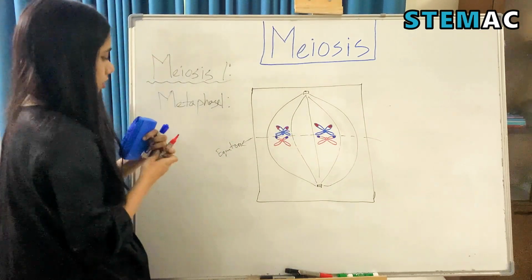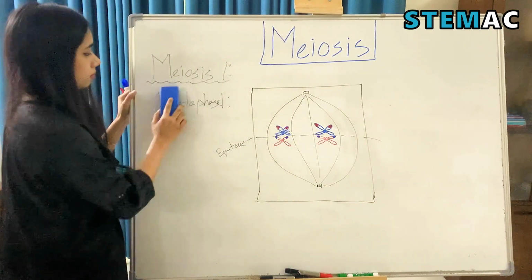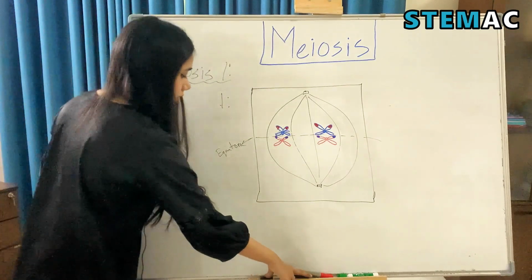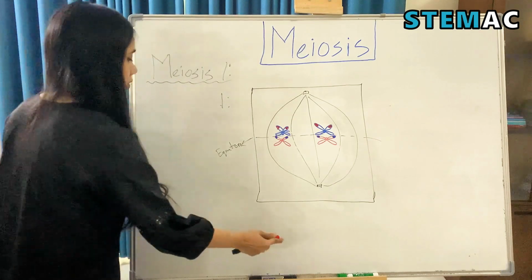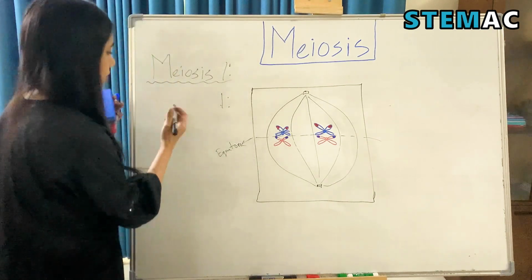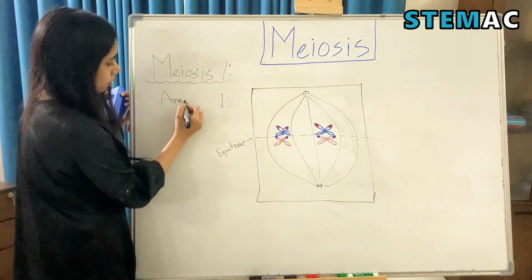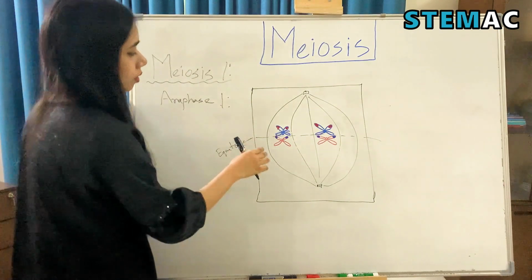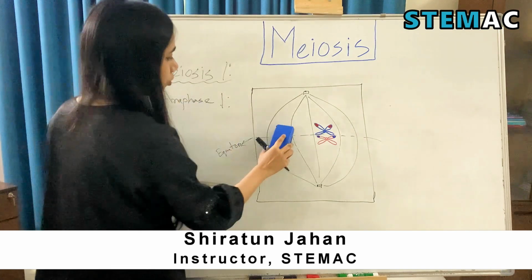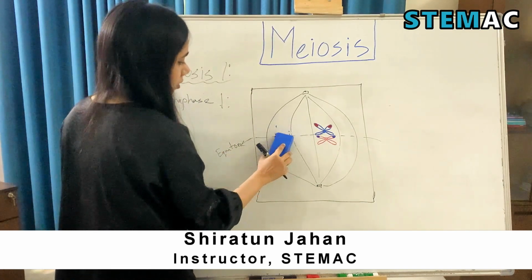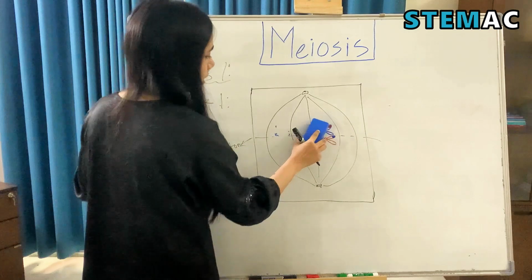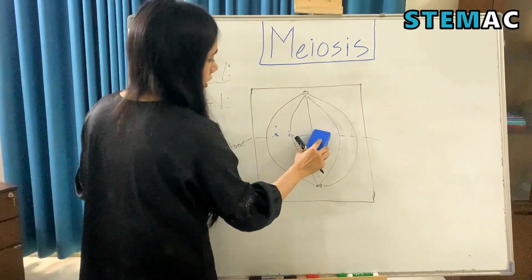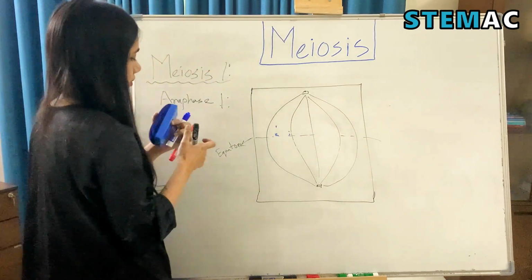After this, we will move on to anaphase 1. Now in anaphase, the homologous chromosome pairs will separate from each other and they will move to two different poles in the spindle apparatus.